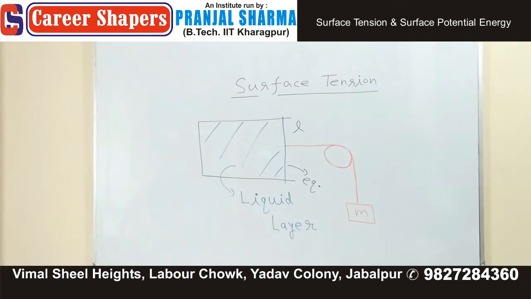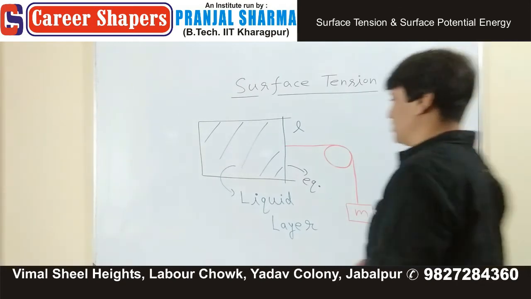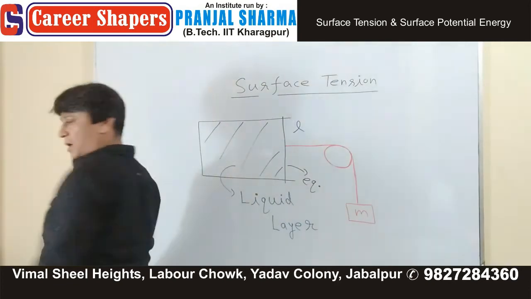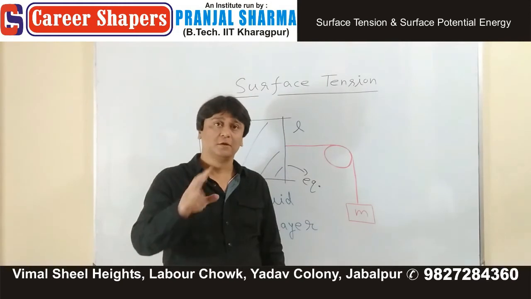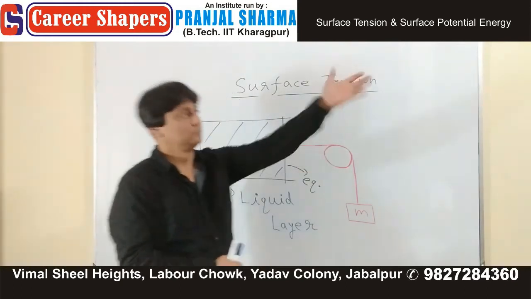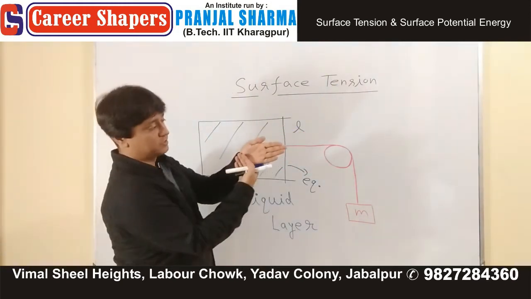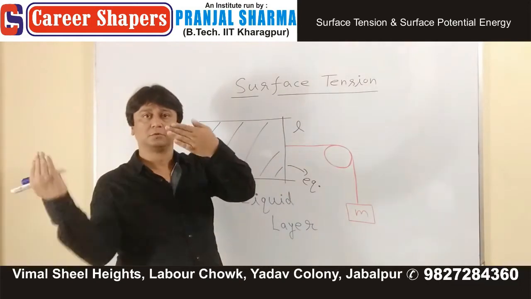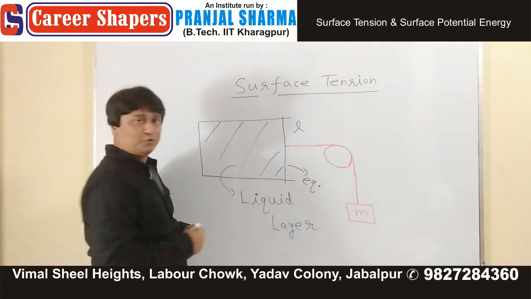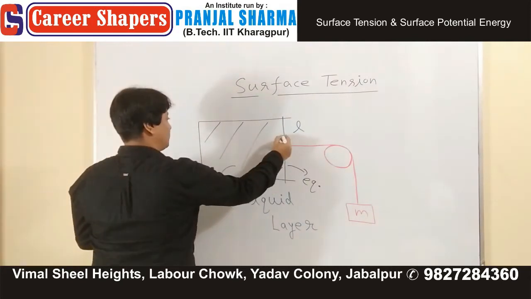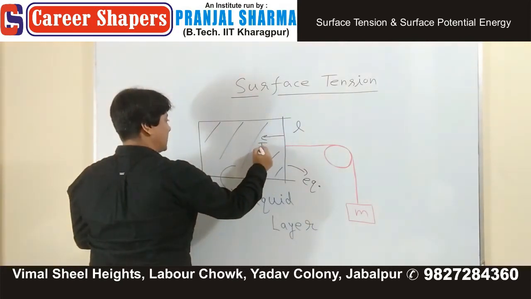So how many surfaces are present? If you hold a piece of paper in your hand, how many surfaces are present? 2. And therefore, most of you thought that force acting is F.